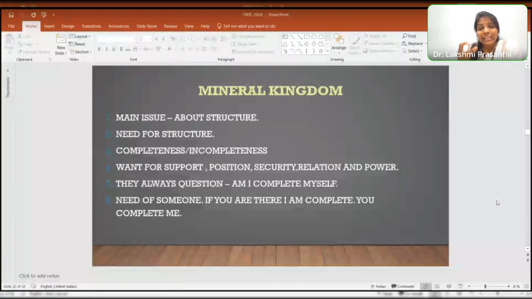What is the importance of this sharing of electrons, or the removal of electrons, or the adding on of electrons? That is to form a complete octet, to become stable, to form a complete structure. So this mineral kingdom always talks about structure, about stability, about sharing of electrons, or to make each other complete.